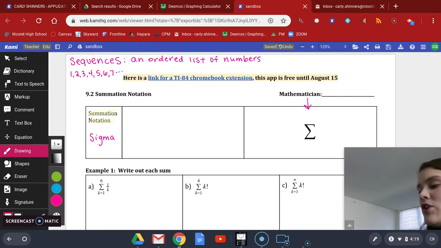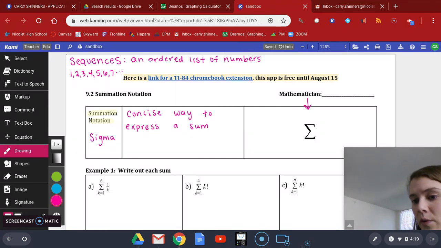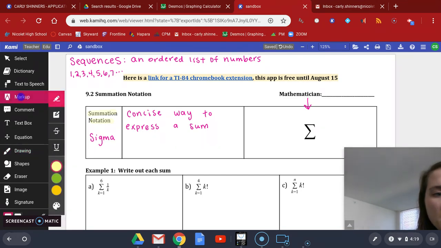And what summation notation does for us is it's just a concise way to express a sum. So we're going to be adding up all of the terms in a sequence, and depending how long your sequence is, it can get very cumbersome to write that all out. So think of it as a shortcut.